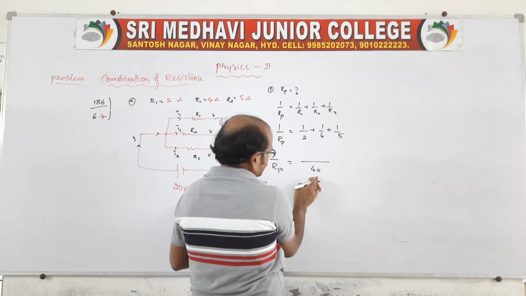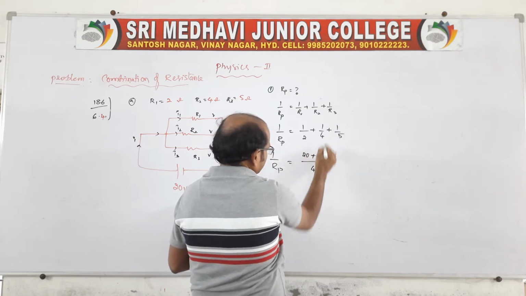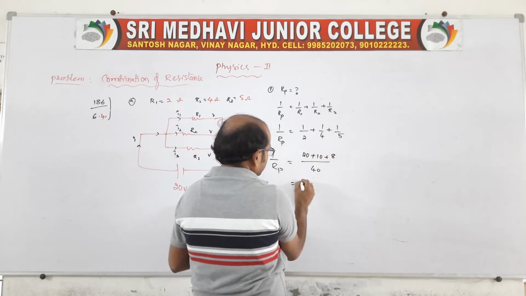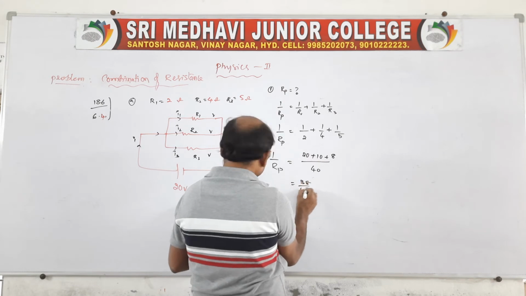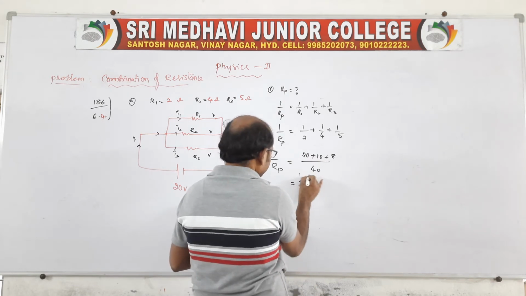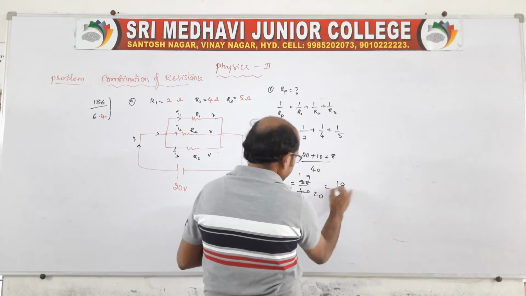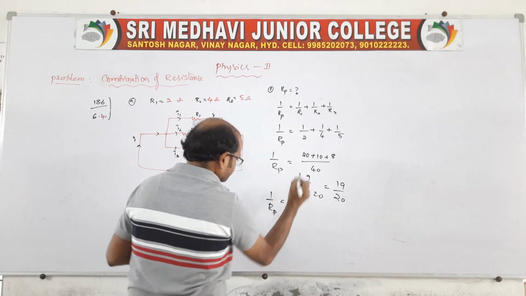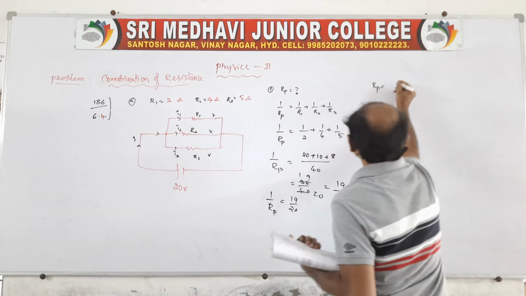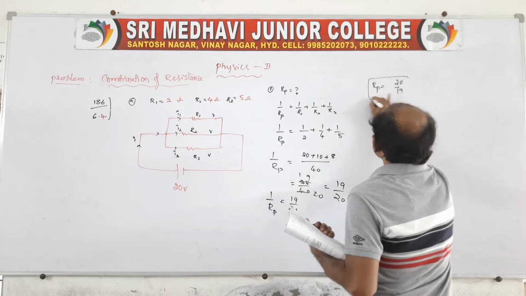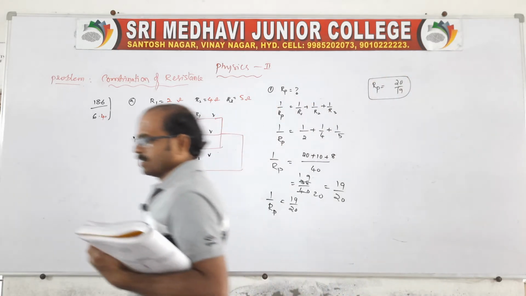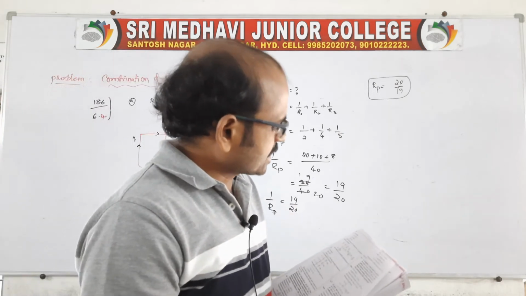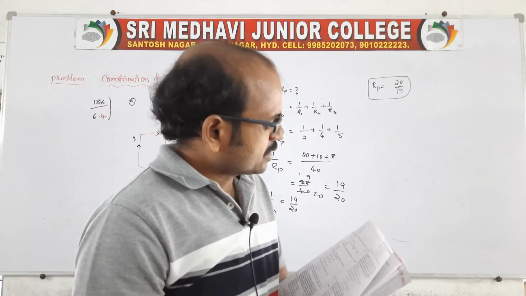So 2 ones, 20s cancel, 4 ones 10, 5 ones 8. That is 38 by 40, so 19 by 20 is the 1 by Rp. Rp is equal to 20 by 19. This is the effective resistance of the parallel combination.